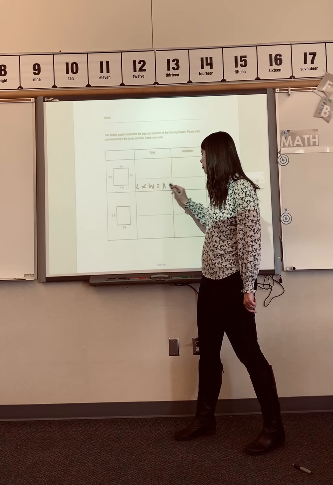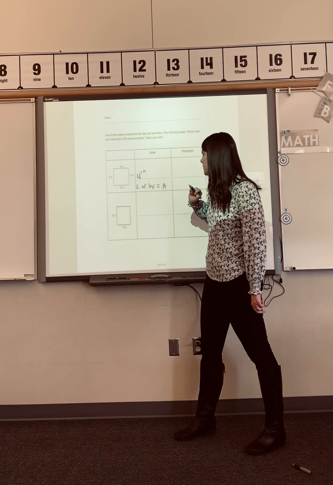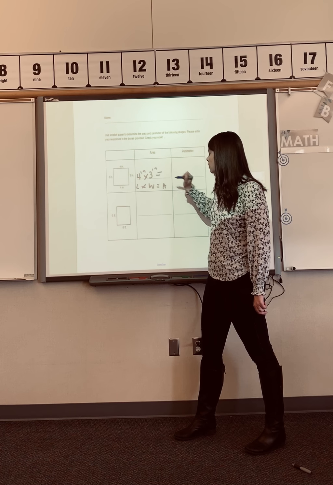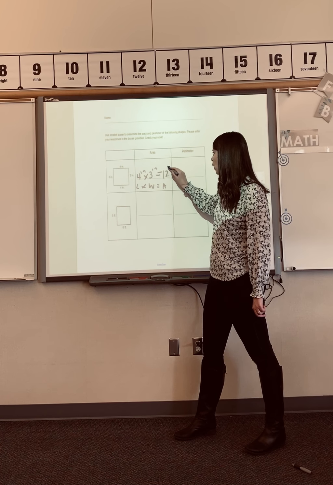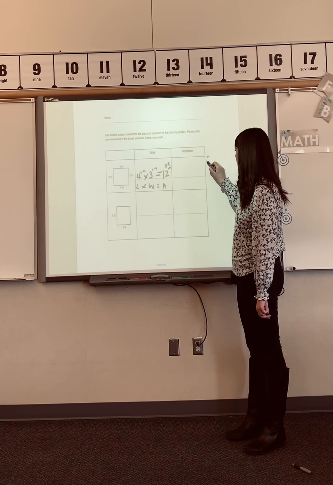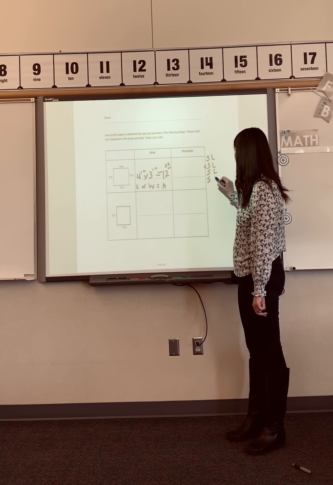equals area. So my length is 4 inches. My width is 3 inches. So my total area is 12 square inches. And for perimeter, you know it's side length plus side length plus side length plus side length.